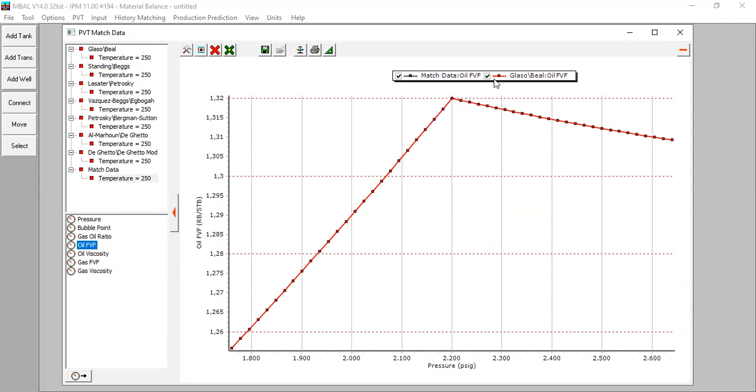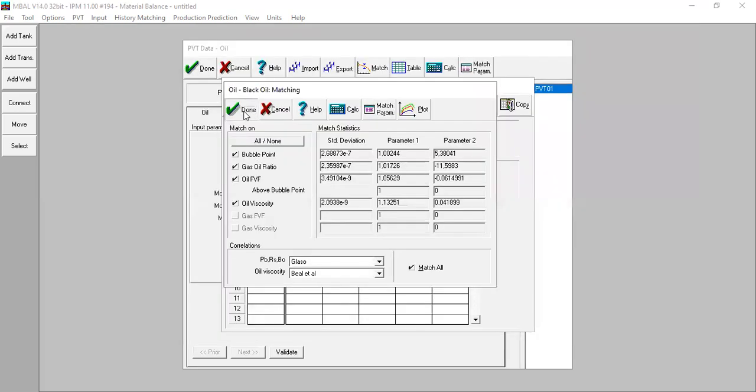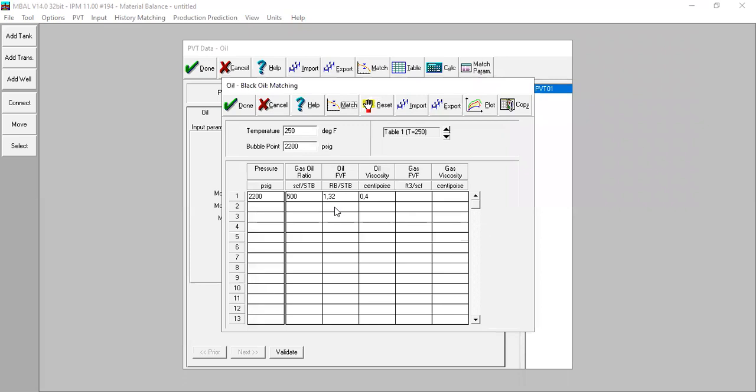Where is our point? Please be careful. Yes, oil formation volume factor 1.32. That's right. And for the oil viscosity 0.4, I think it's okay.